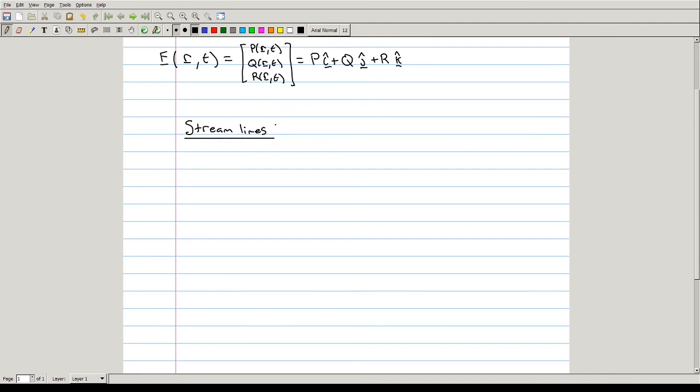And this is, simply put, a family of curves that are instantaneously, so at each point in each instant of time, tangent to the vector field.